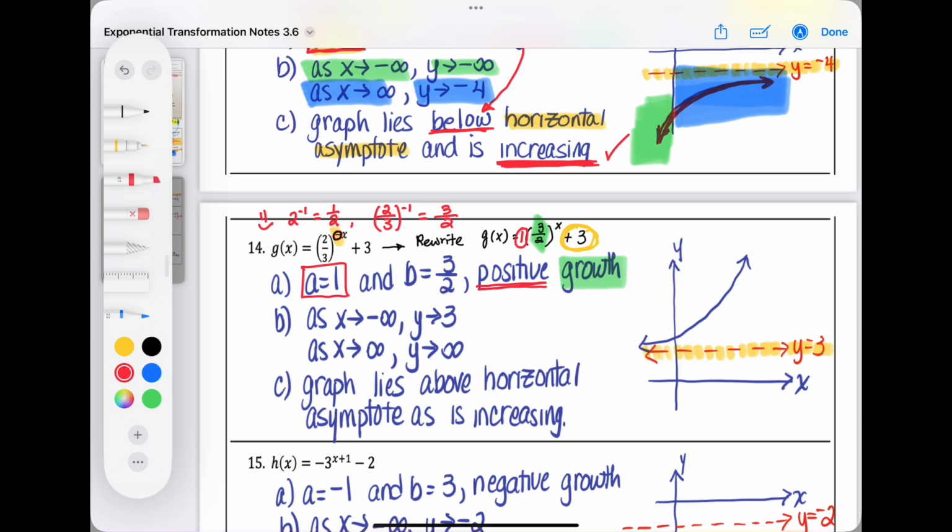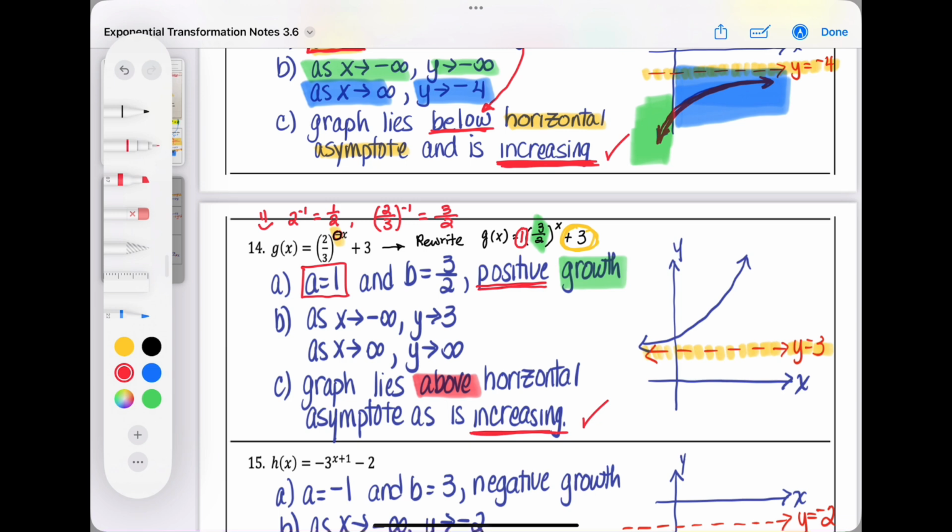Because the leading coefficient is positive, I know my graph will be above the horizontal asymptote. So therefore, the growth tells me my picture is going up. Very good. And therefore, look at the picture. I know the final answer of my conclusion will be an increasing picture. Look at this nice picture.